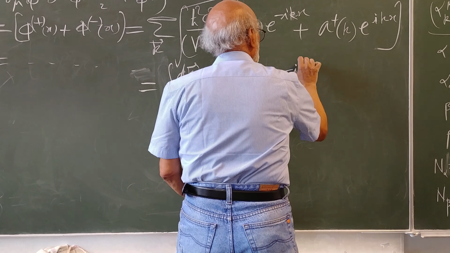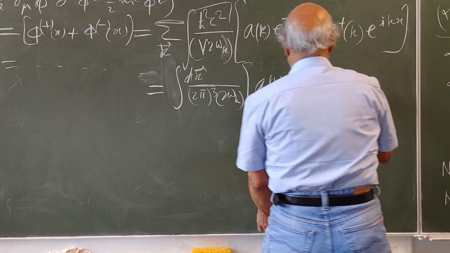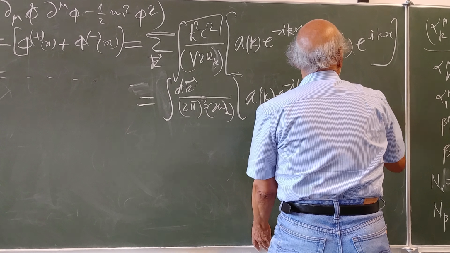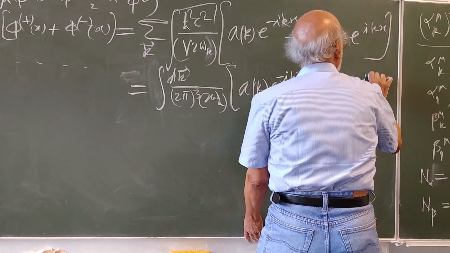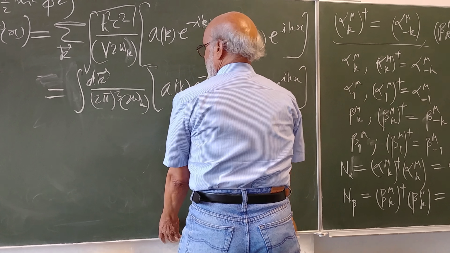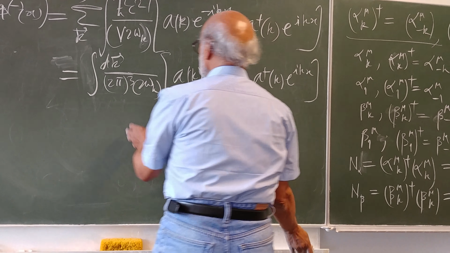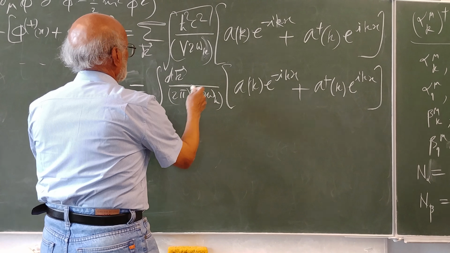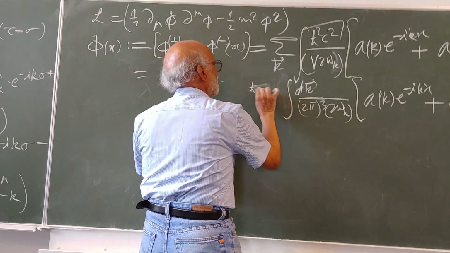Okay, e to the power minus i k x, a dagger e to the power plus i k x. Here I have put h cross equal to c equal to 1.